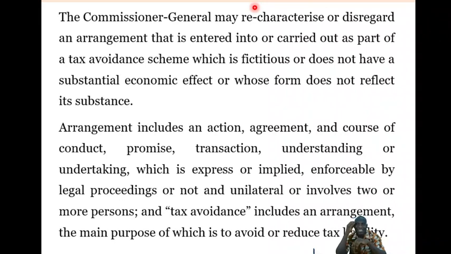So what does this general anti-avoidance rule say? It's very short. The Commissioner General may recharacterize or disregard an arrangement. Please, the word arrangement is very important. We come to see the definition right now. Because when it comes to tax avoidance, be careful of the arrangement between the related parties, and you must always know what an arrangement is.